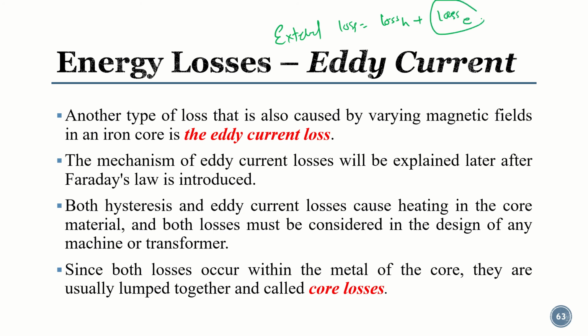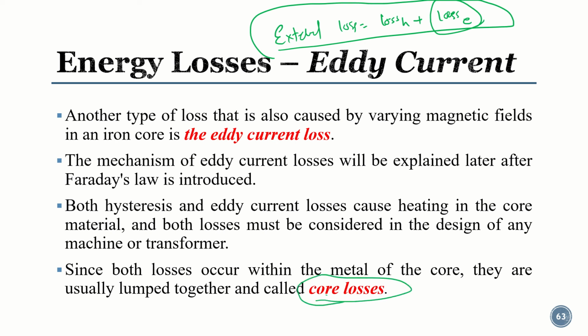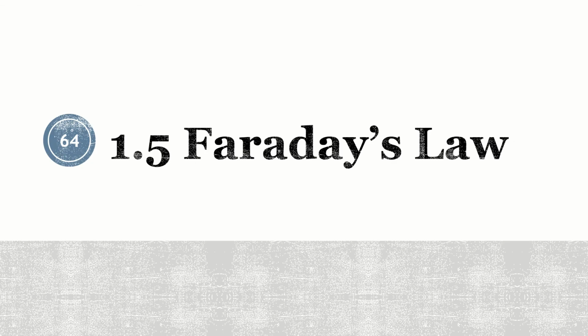We will learn about eddy current soon. These two losses can degrade the performance of the core of the material. Another name for these losses is core losses because they are associated with the material properties.